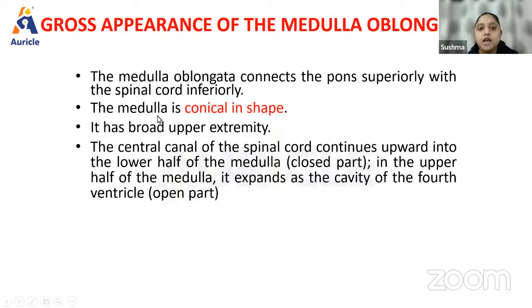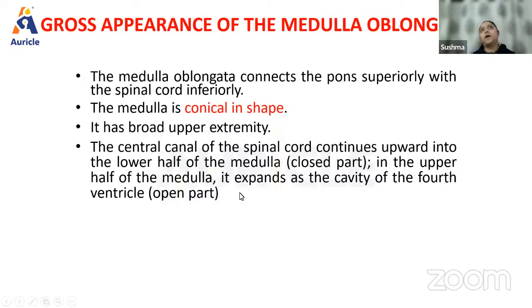Then, the medulla oblongata is conical in shape. This is a very important concept, guys, because I'll tell you why the shape of the medulla becomes important as we go further. It has a very broad upper extremity, whereas lower down it is kind of pointing and it continues further down as the spinal cord. Okay.